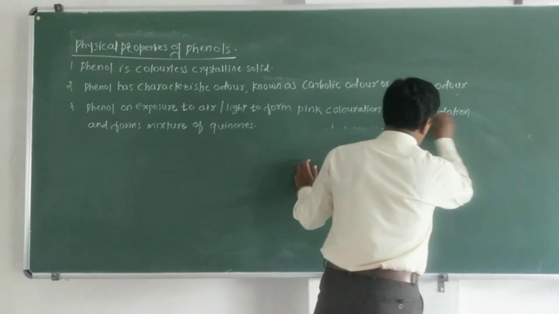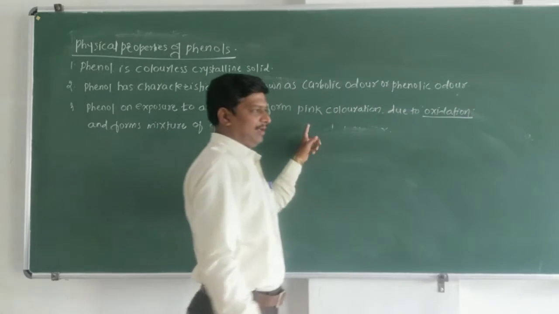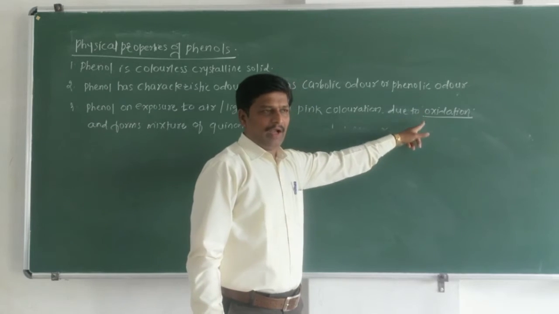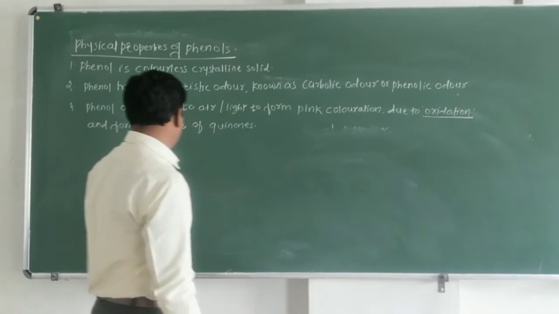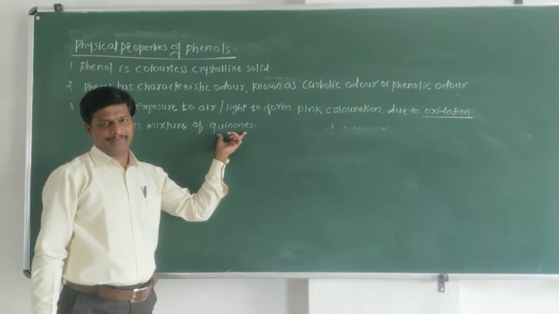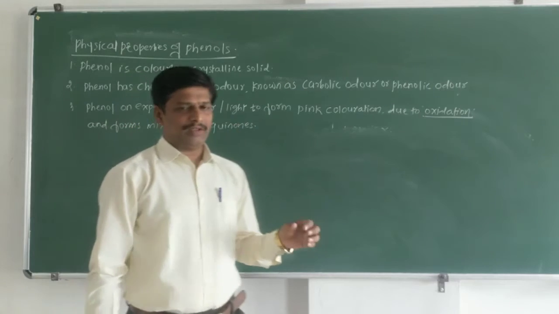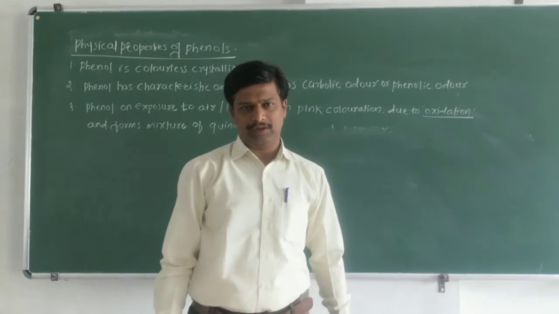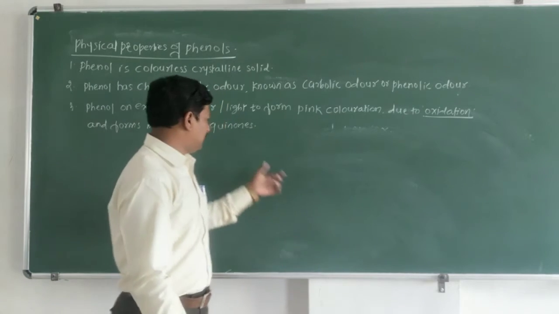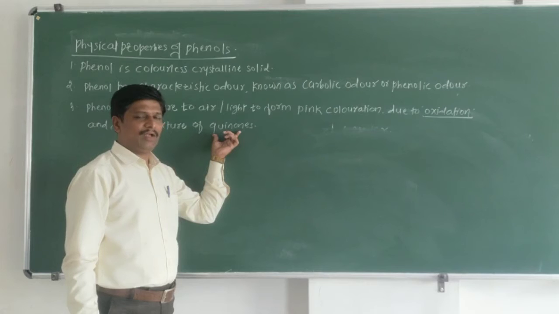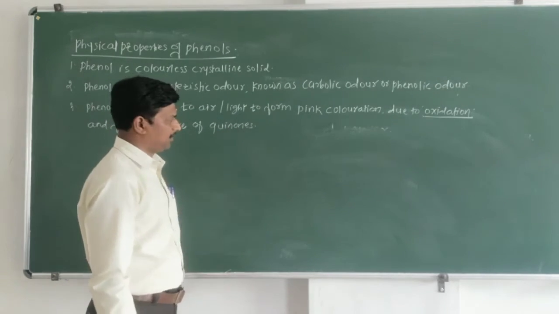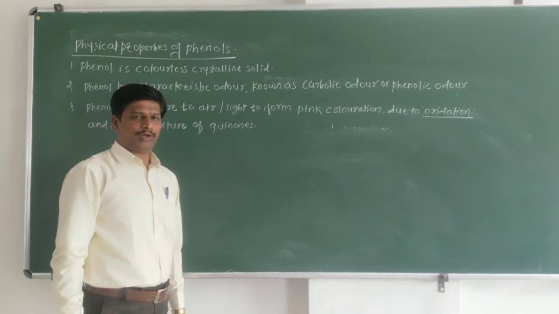Due to its oxidation, and due to this oxidation phenol gets converted into a mixture of phenols. Now in this property, there can be an MCQ: phenols on oxidation form dash. The answer is quinones. Of course, phenoquinones or benzoquinones are formed. So this is a very important point.